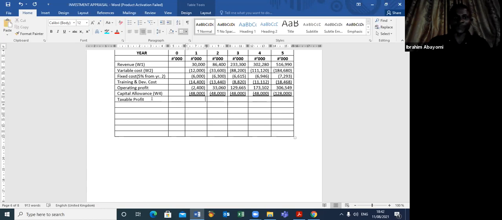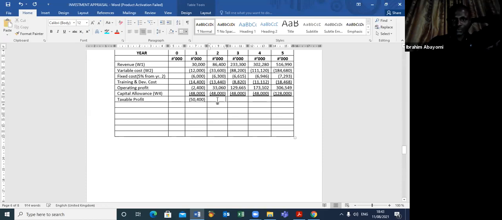Now let's get our taxable profit. Look at it, 2,400 negative. Another 48,000 negative. That's negative 5,400. So it's a negative profit for year 1.